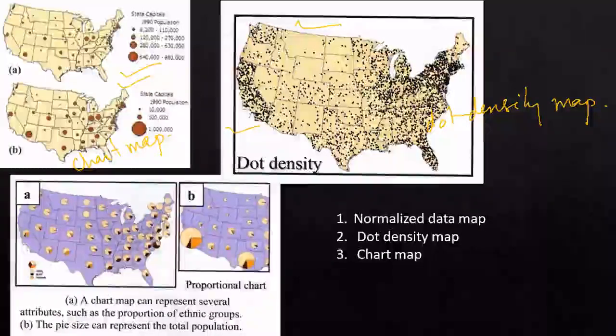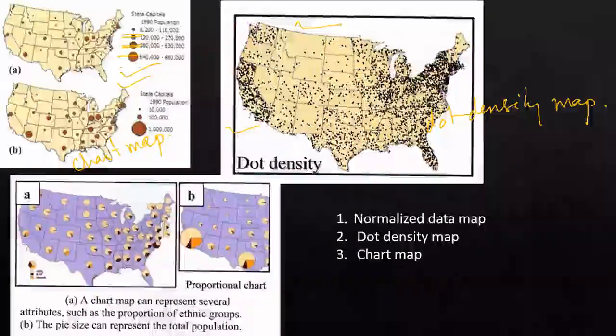Okay, so in the dot density map, you can see the population of a particular region is represented by dots, whereas in the chart map you have classified the populations.